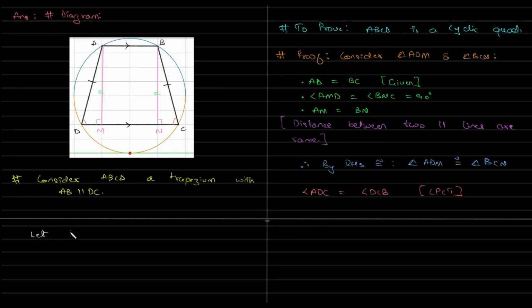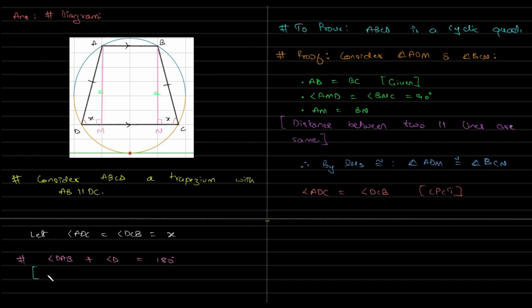So let's call angle ADC, which is equal to BCD, say x. So this is x and that's also x. Now, what about A and B? Let's talk about angle DAB plus angle D. They are equal to 180 degrees. How are these two angles 180? That doesn't make sense yet, right?